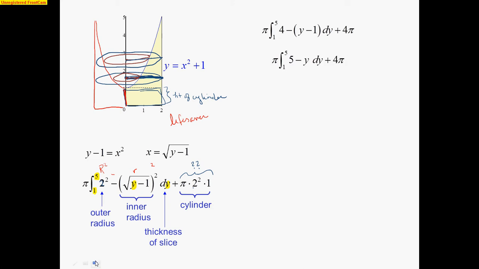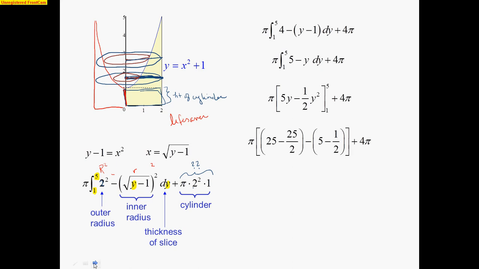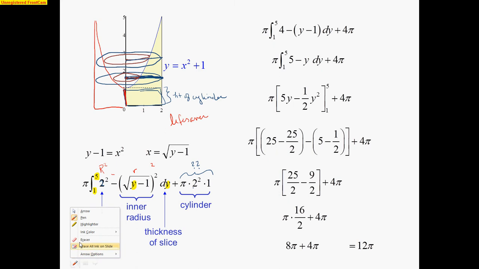So of course I can do this. None of this was very difficult integration. And I get 12 pi when I'm done. Okay? But note that that did take recognizing that I had lifesavers, right?